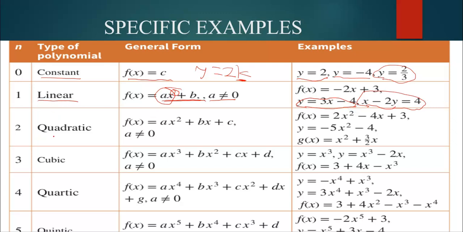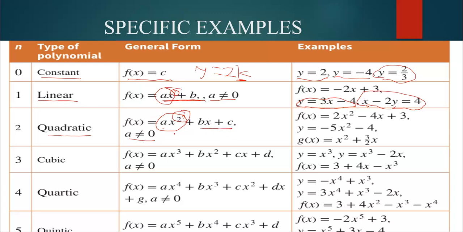Then we can also have quadratic polynomials. A quadratic polynomial has a highest degree of 2. And take note, a cannot be 0, because if a is 0, it will be reduced to linear.